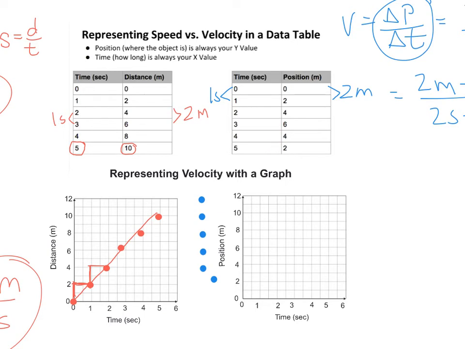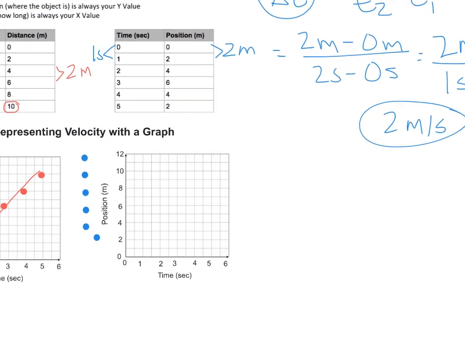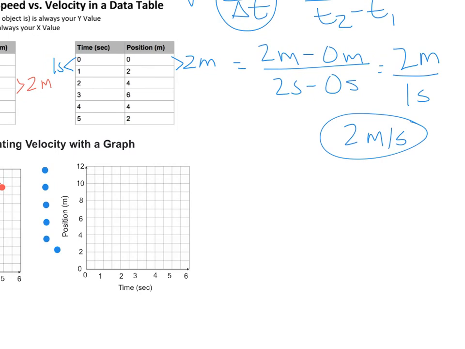Let's do that calculation real quick and see what we can see. So this is going to be position 2, and this is position 1, and this is time 2, time 1. Let's go ahead and plug it into our equation. Velocity equals position 2, which is 4, minus position 1, which is 6, the unit is meters, over time 2, which is 4, minus time 1, which is 3 seconds.